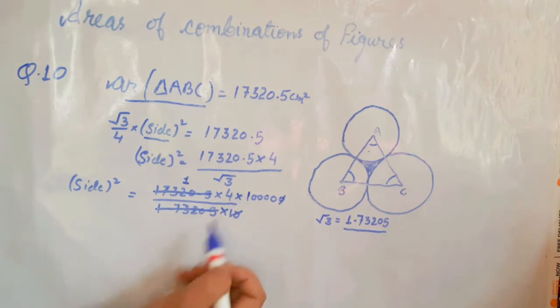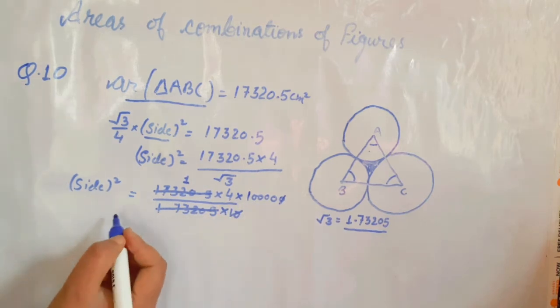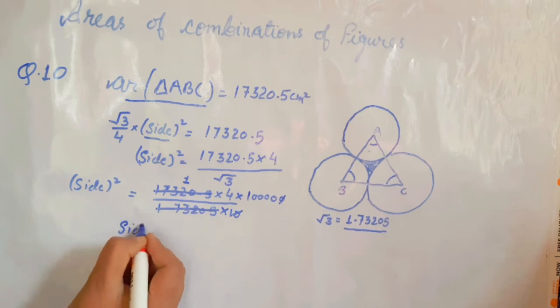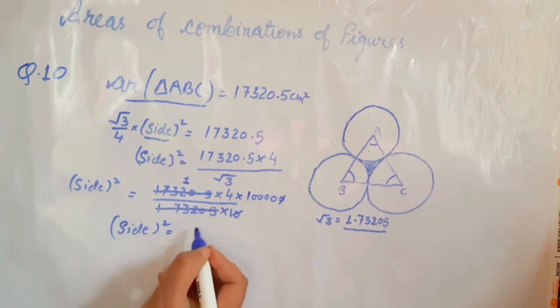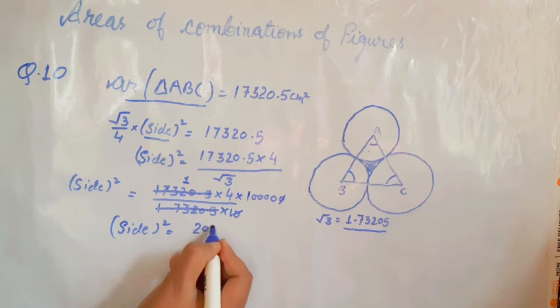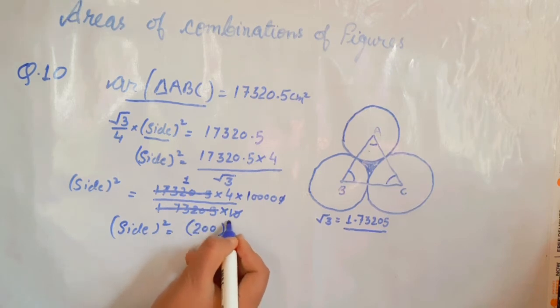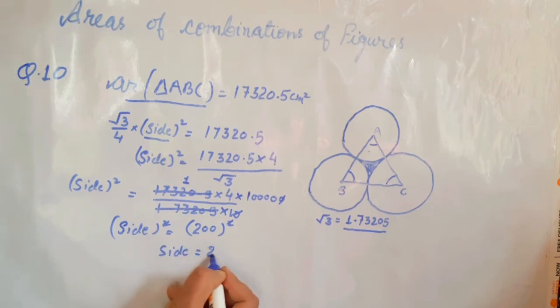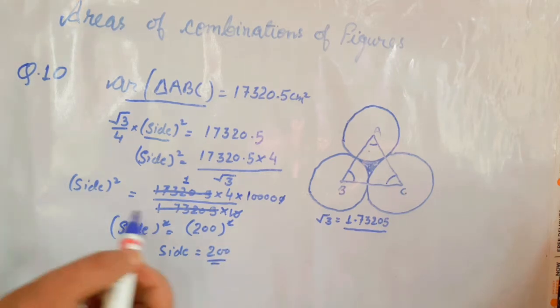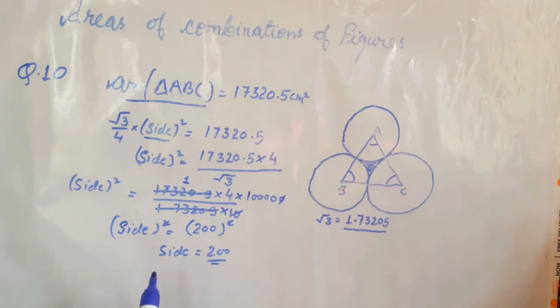So 4 into 10,000, we are left with 40,000. So side square will be equals to 40,000, which is the square of 200. So square is cancelled. The side will be equals to 200. Now each side of triangle ABC is equals to 200 centimeters.